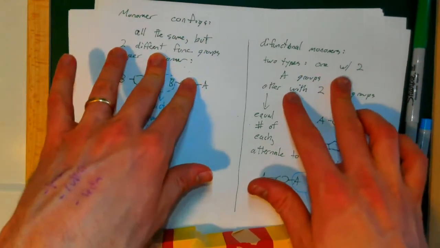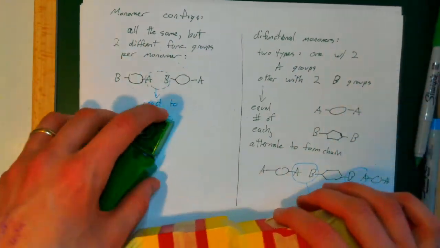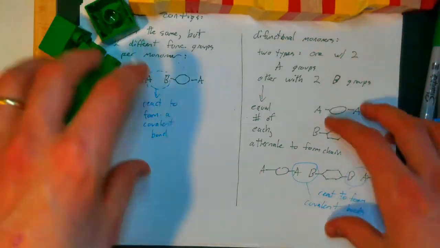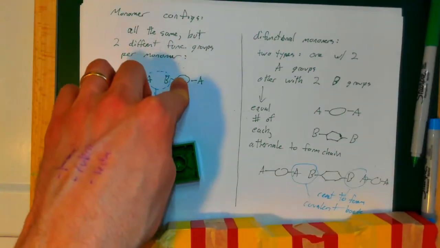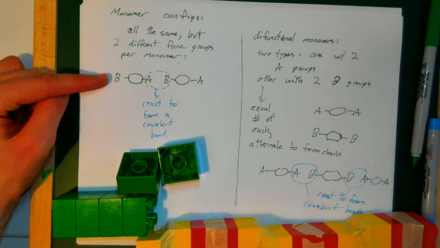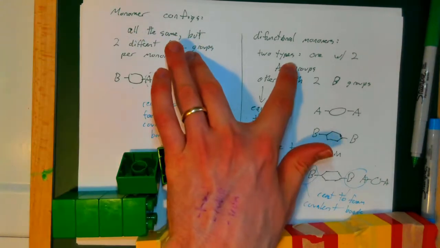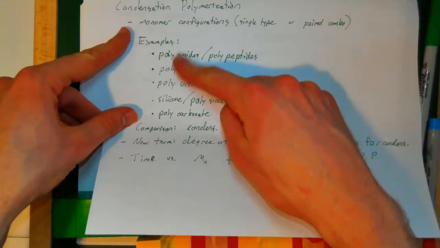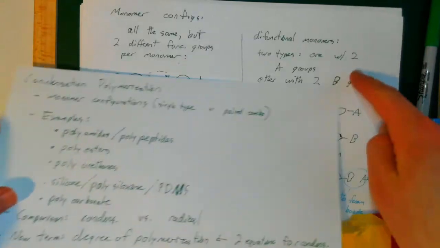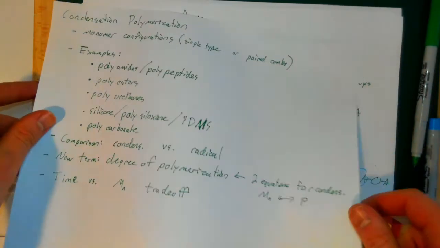So both of these processes grow via condensation reactions. Both of them grow in a step growth way. It's just what types of monomers you have. And when we move forward to talk about all of these examples, some of them will come from this category and some from this category as well.